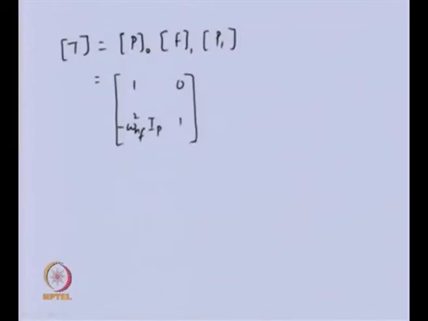The T matrix we had as P0, F1 and P1. I am doing this for illustration, but for a larger system we need to program them so that we can easily obtain the roots of the frequency equation. So this is the point matrix for station 0. The field matrix has this form for shaft 1.